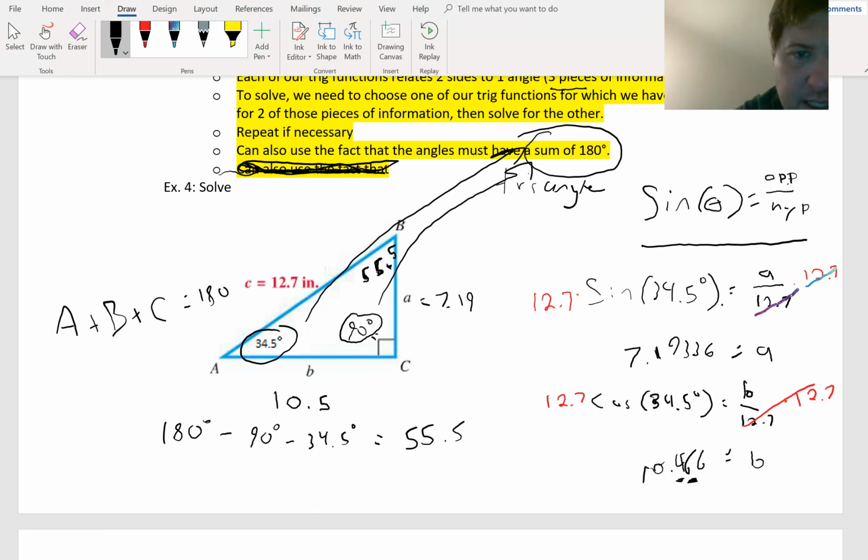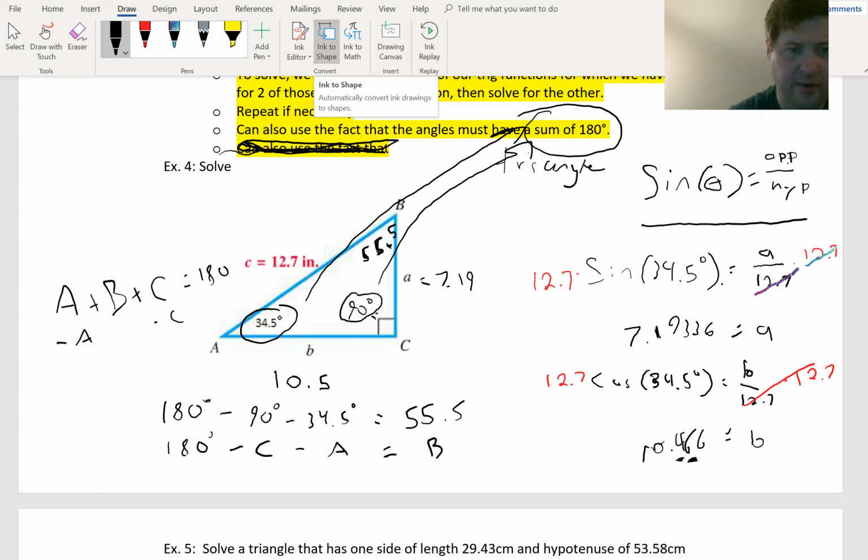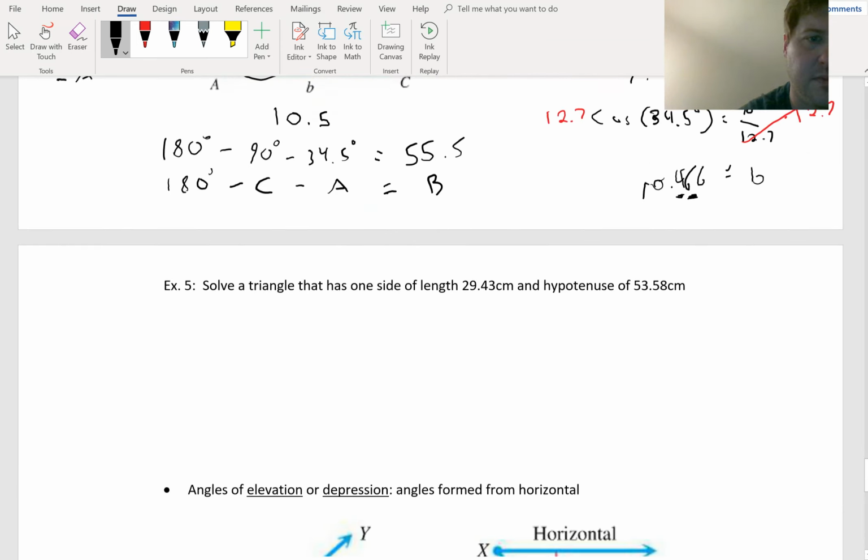And what I've done is I wanted angle B by itself, so I subtracted angle A and I subtracted angle C. That's how I came up with this formula: 180 minus angle C minus angle A equals that unknown angle B. So unknown angle B was 55.5, and the other two, C was 90, and A was 34.5.